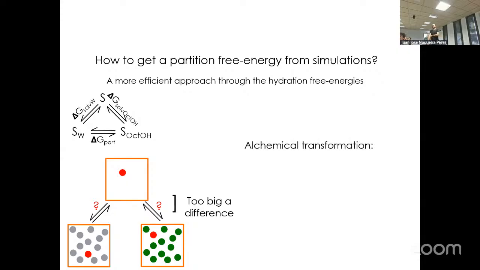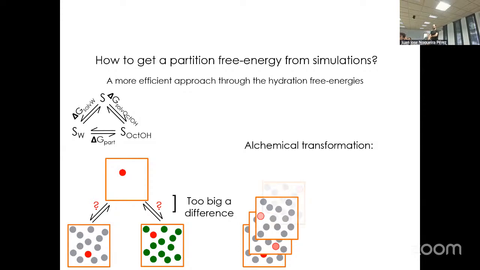But we can do our alchemical transformation, and the way it's done is we have our solute in water, and then we have another system where we have the same solute in water, but now the interactions are just at 90% or so, or 60, or 20, or 0%. The cool thing is that the system where our solute is not interacting with water is just like having our solute in vacuum.